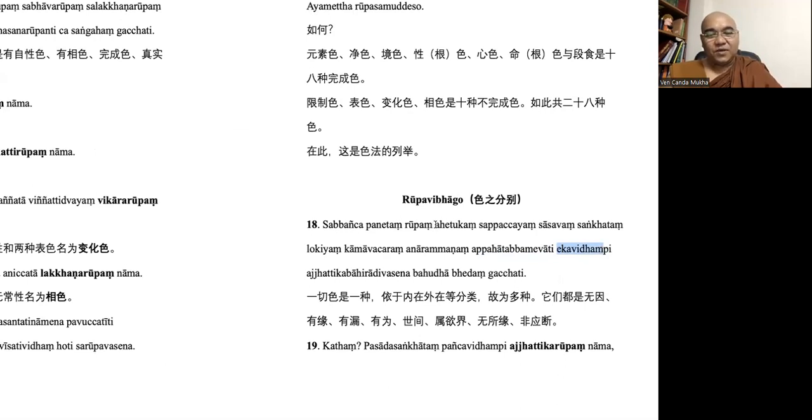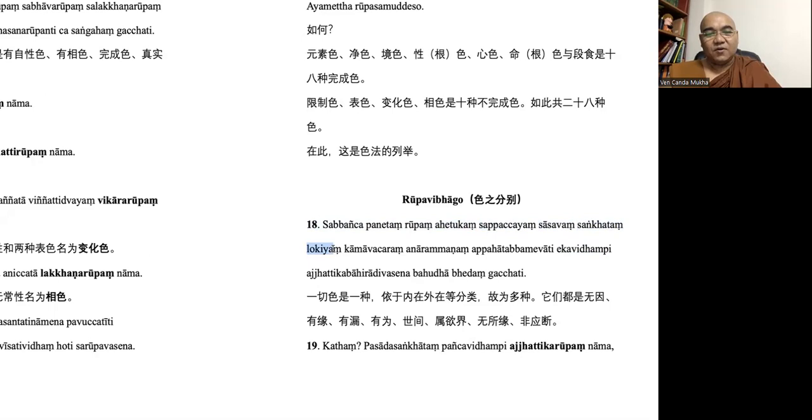In terms of being rootless, all materialities are rootless. Also, sappaccaya, they are with conditions; sasava, they are the object of the mental intoxicants; sankhata, they are conditioned by the four conditions.